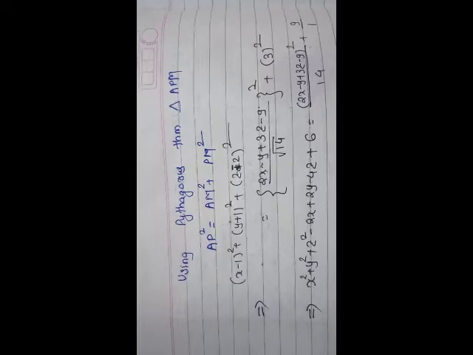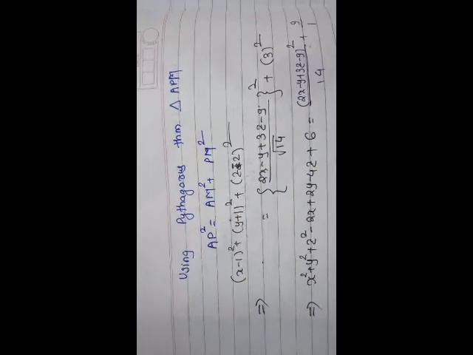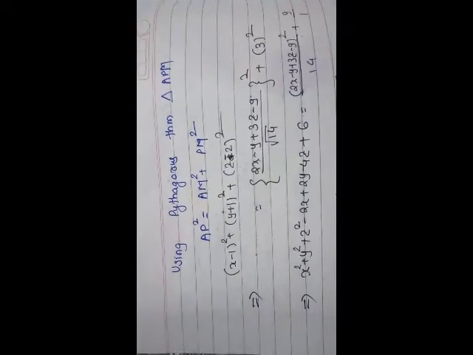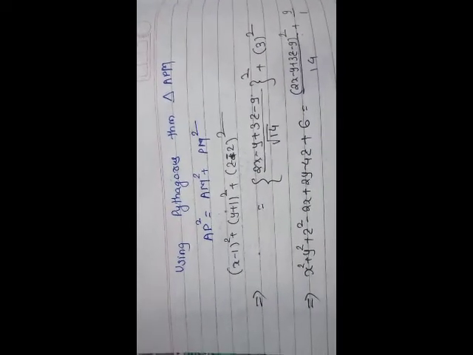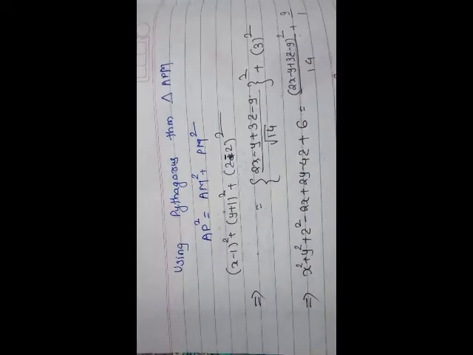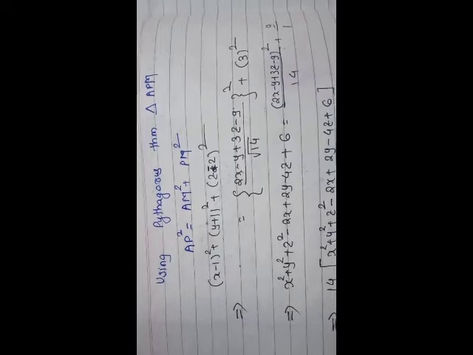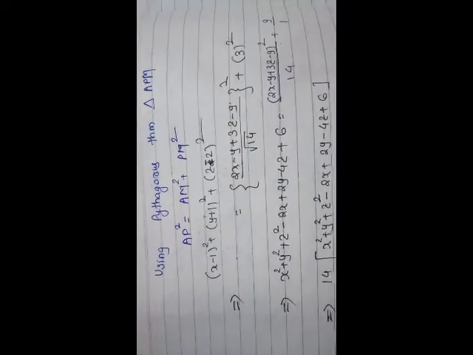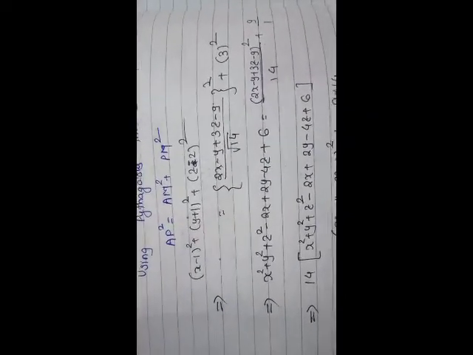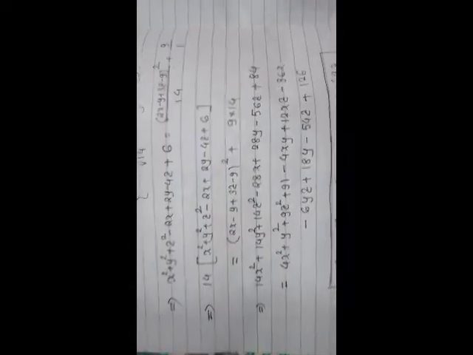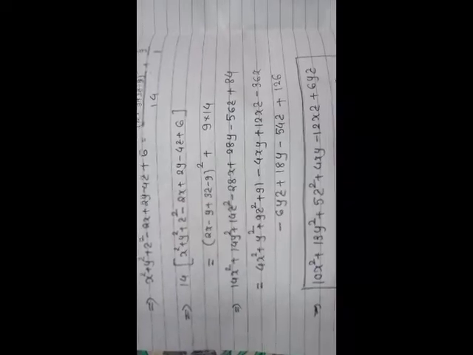Now we can use the Pythagoras theorem for triangle APM. So AP² = AM² + PM². Square and square root will cancel. Then AM² is written, and PM is the radius of the cylinder, that is 3² is written. Then square both sides, multiply by 14, and simplify by the usual method to get the final answer.